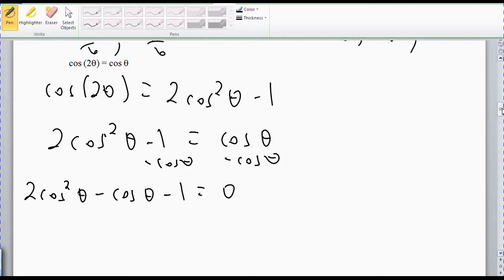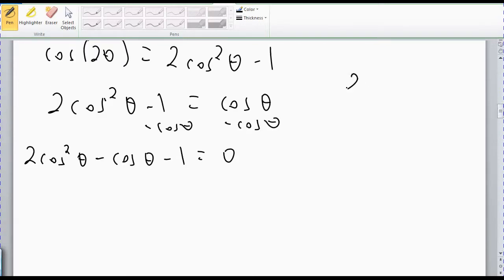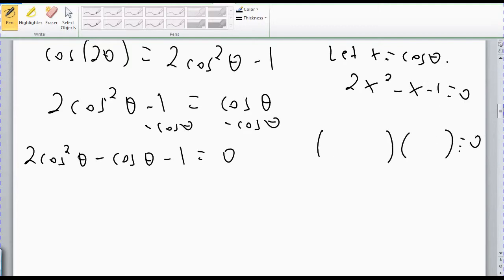So once again, this looks like it's quadratic in nature, so that's the same if I let x equal cosine theta, then that's going to be the same as 2x squared minus x minus 1 equals 0, which I've already factored once, or shown you on a calculator how to use it. You can also find it, or use the quadratic formula, or complete the square.